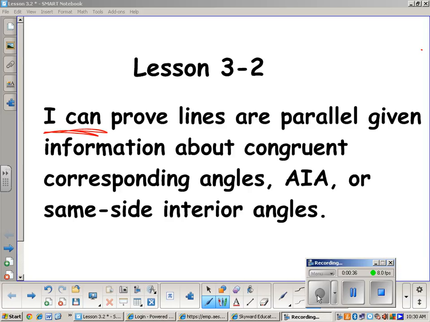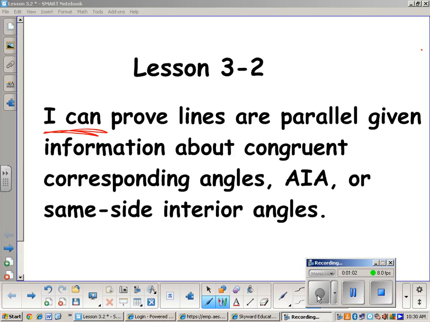They are congruent. If we have two parallel lines, what can we say about alternate interior angles? They're congruent.